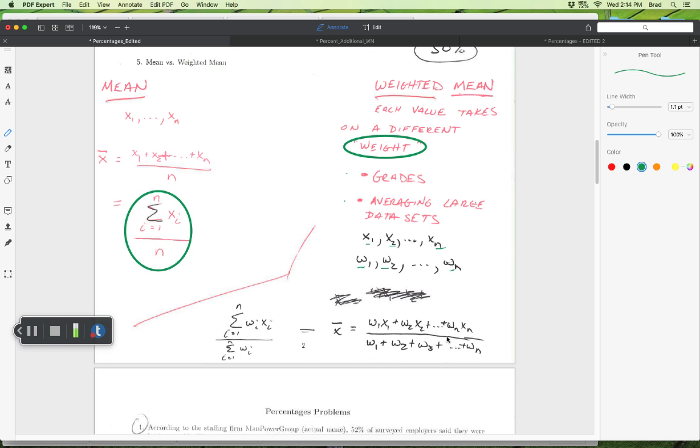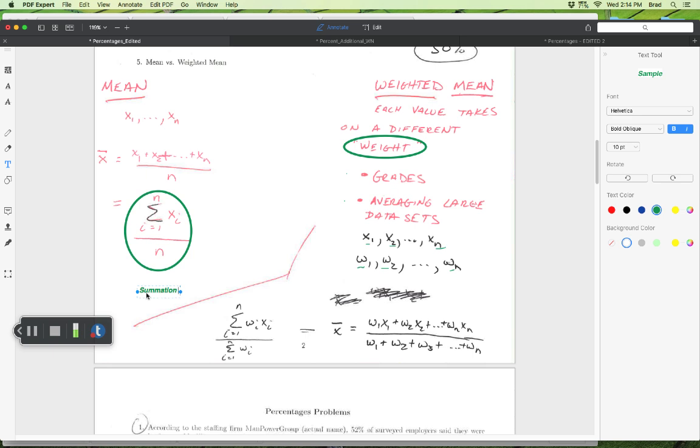That is how we compute weighted means. And here it is written in the summation notation we learned over here. This is what we call summation notation.